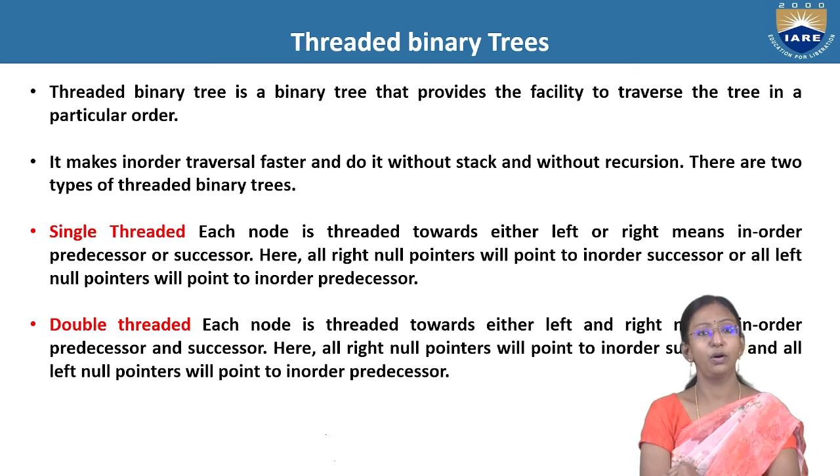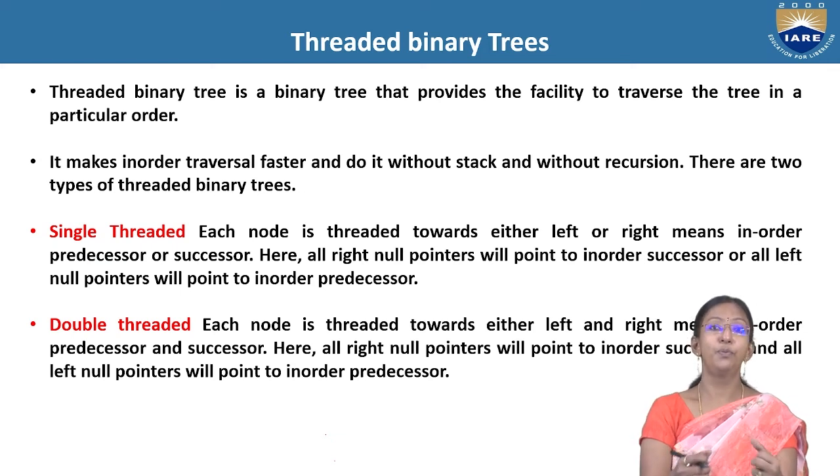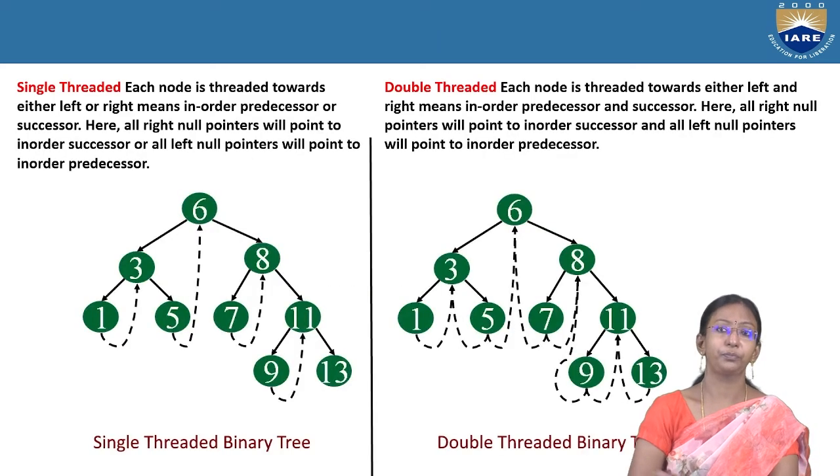That is, the predecessor or the successor will be connected. But in double threaded, both the left as well as the right, the predecessor as well as the successor, will be threaded. It will hold both. I'll show you with a picture.